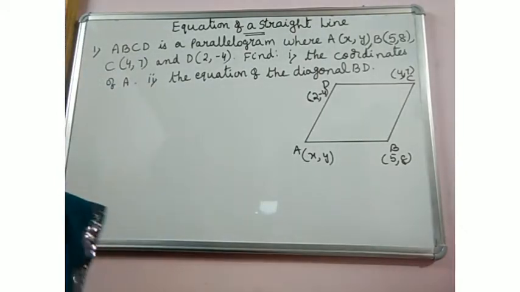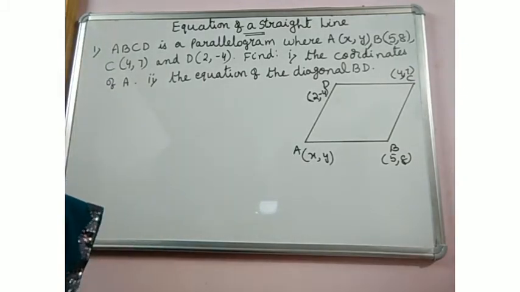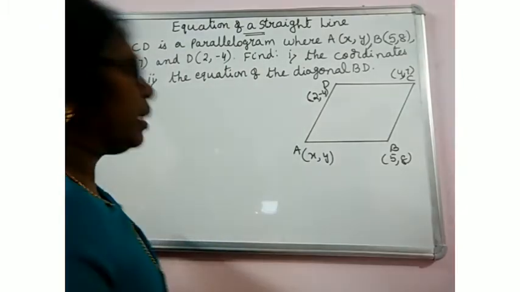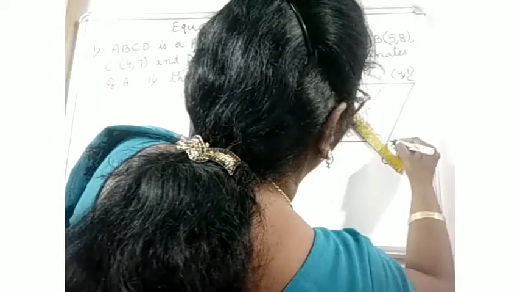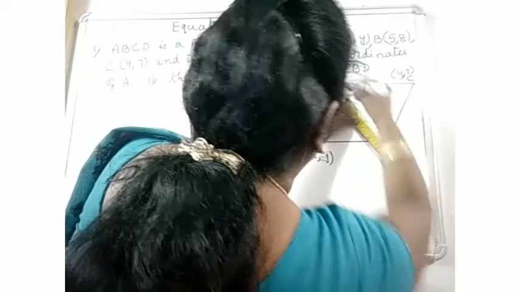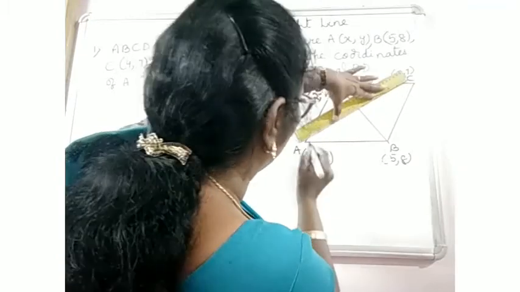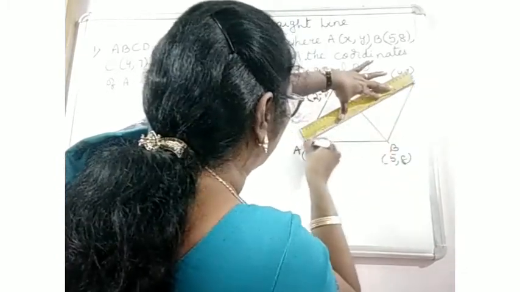You know that in a parallelogram, the diagonals bisect each other. So let us join BD and AC. BD is one diagonal, AC is another diagonal.